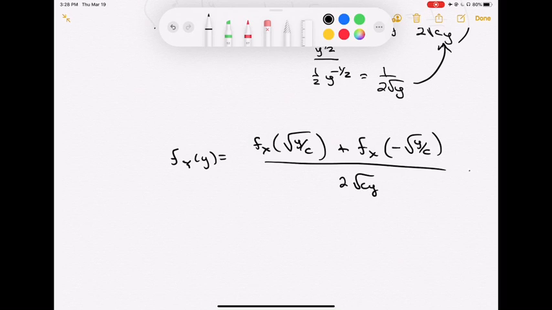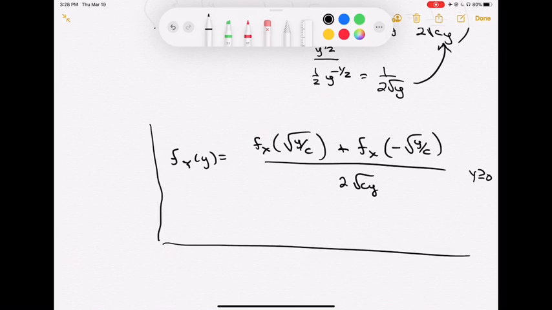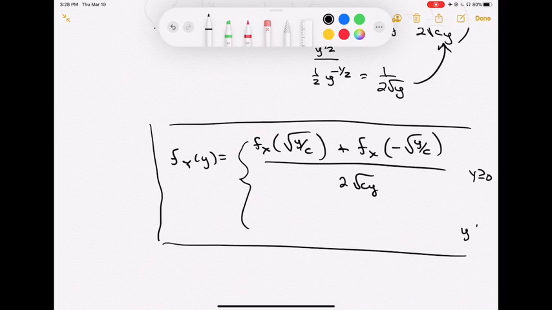And that is for y greater than or equal to 0. There probably is a complementary piece in here. We know y could never be less than 0, so for y less than 0, the probability density function had better be 0.